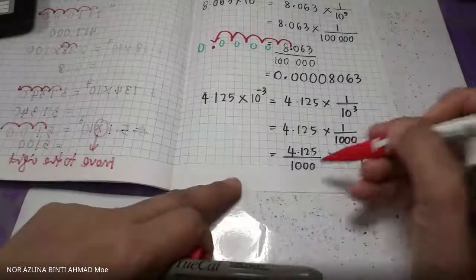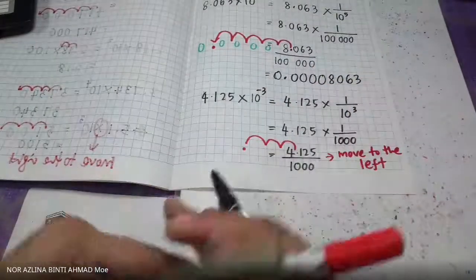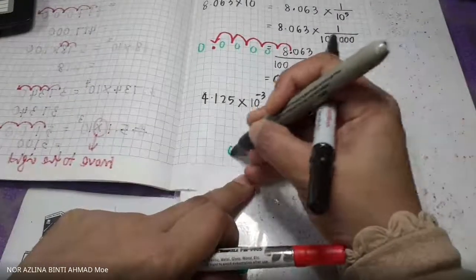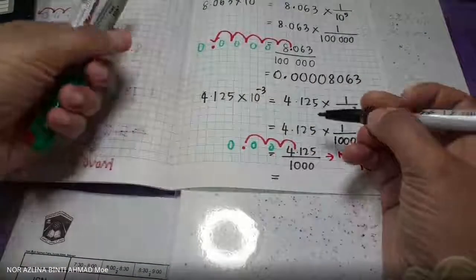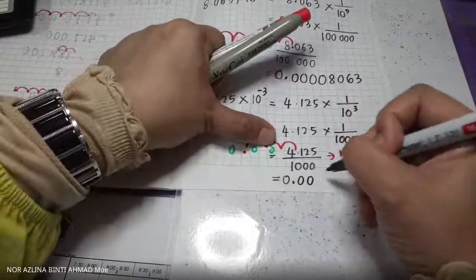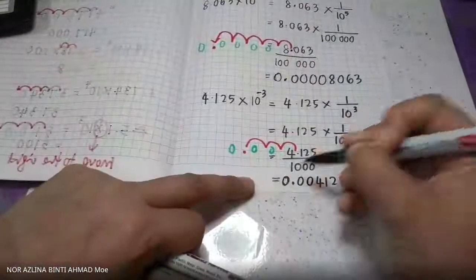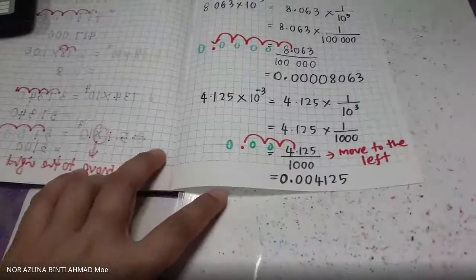How many times? 3 times. 1, 2, 3. So the answer becomes 0.004125. Okay, next.